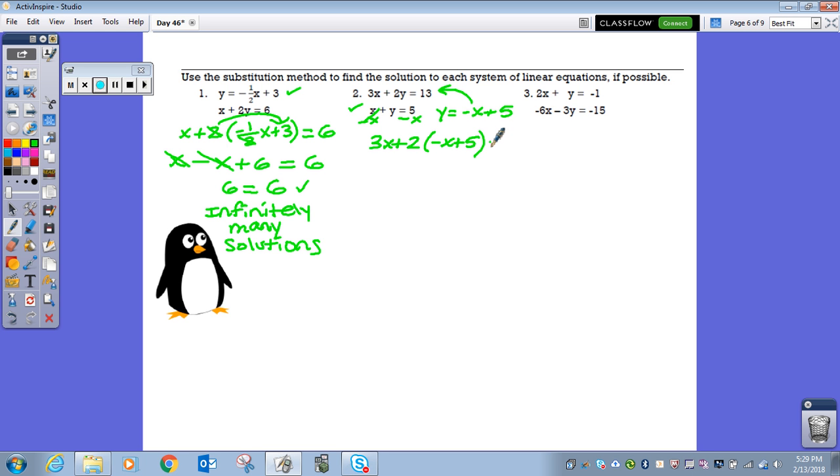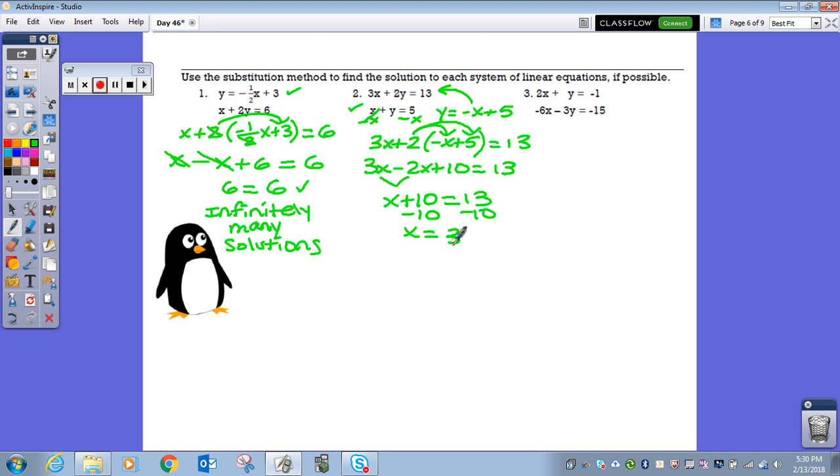That's what y is equal to. Equals 13. And I'm going to go ahead and distribute, so I have 3x, and I'm going to distribute the 2 into everything. So minus 2x plus 10 equals 13. Okay, and I'm going to combine my like terms. 3x minus 2x, that's just going to give me 1x plus 10 equals 13. And subtract the 10, I get x is equal to 3.